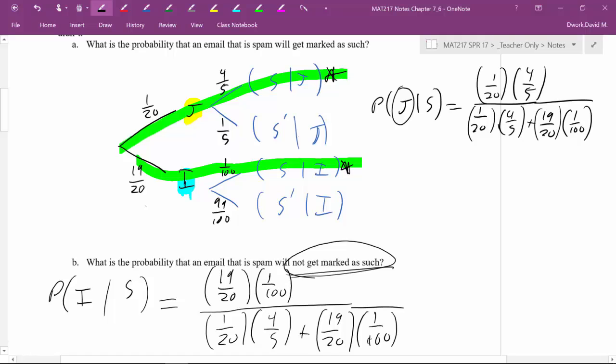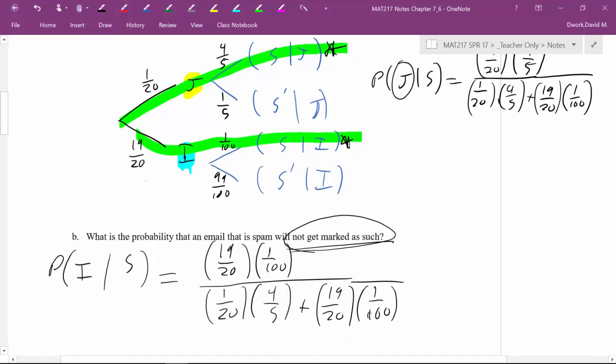And there you go. So you might be saying, who cares? Like this question's weird. How do you know an email is spam, and why do you care what the likelihood is of it going to your inbox? Well, the person who's sending the spam. This is what they care about. So a lot of this math is now used on the business side of things.